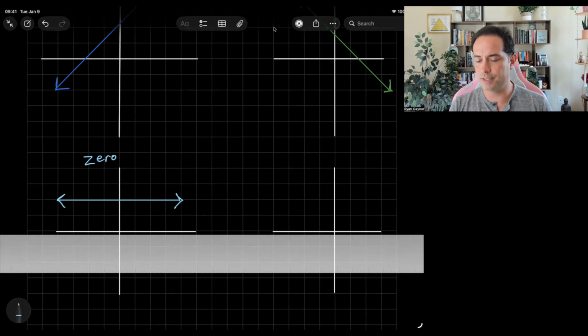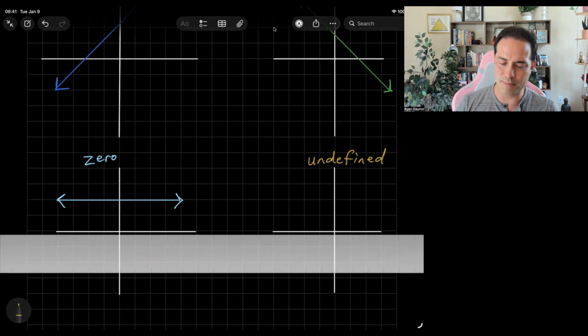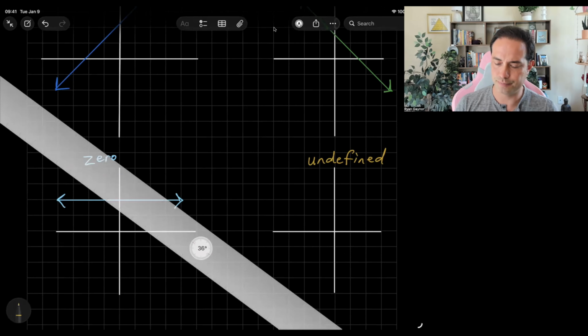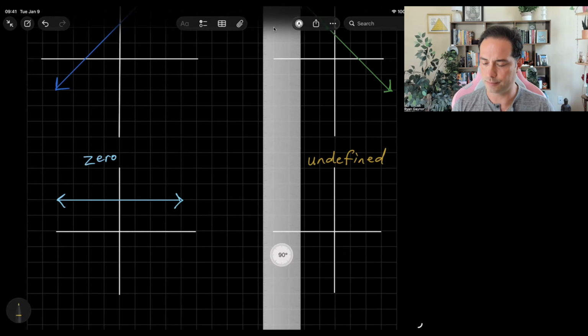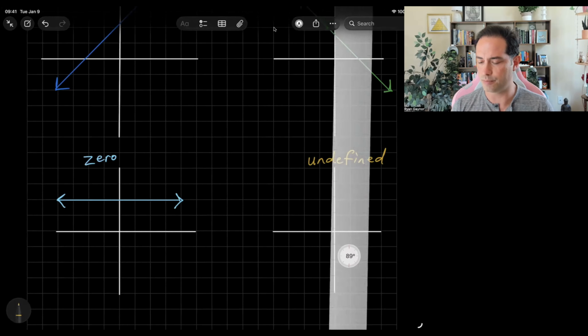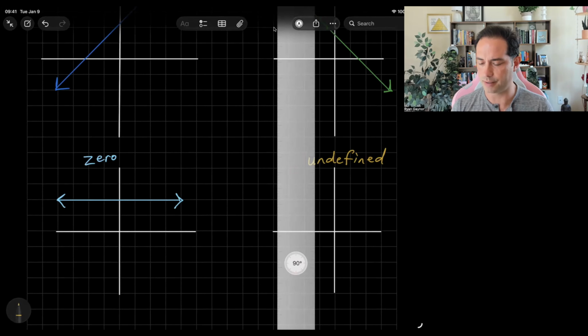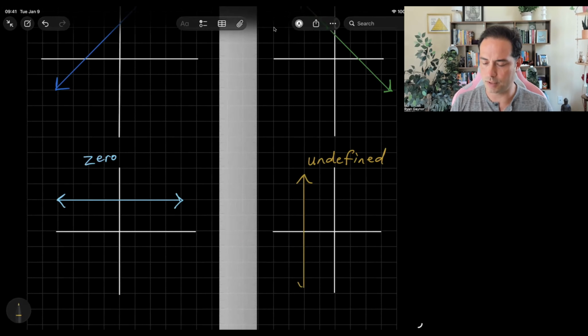And the last one is undefined. Undefined slope. What does that mean? Well, it is vertical. So it could be here, doesn't matter. So this is a vertical slope. Now, why is it undefined?